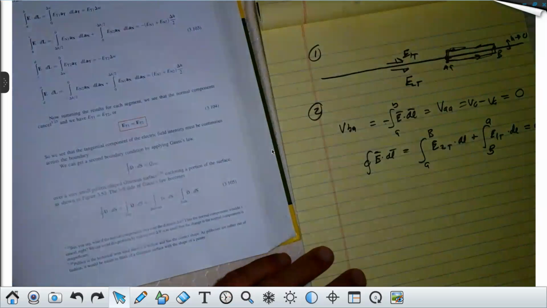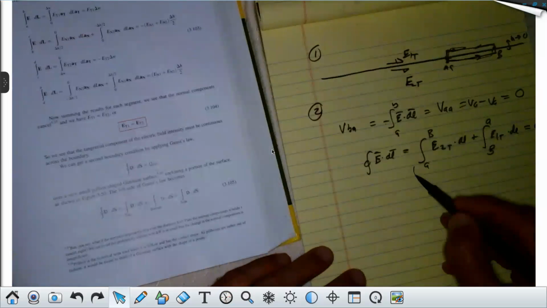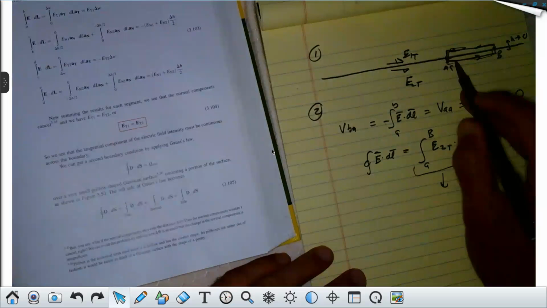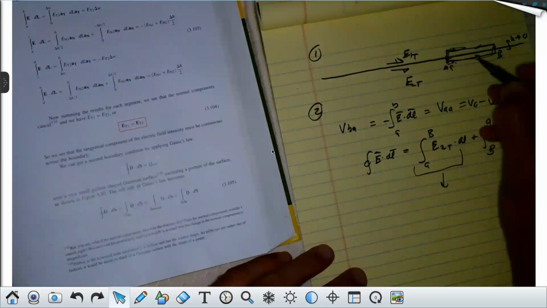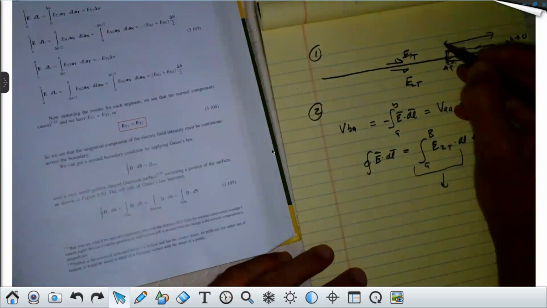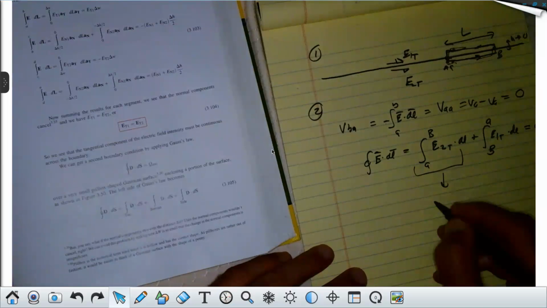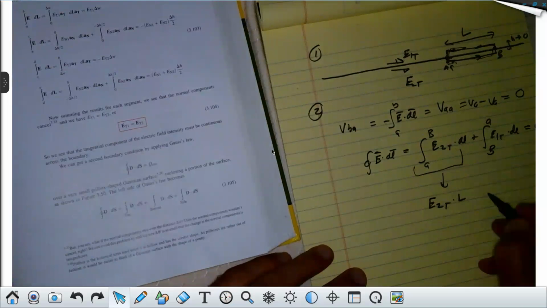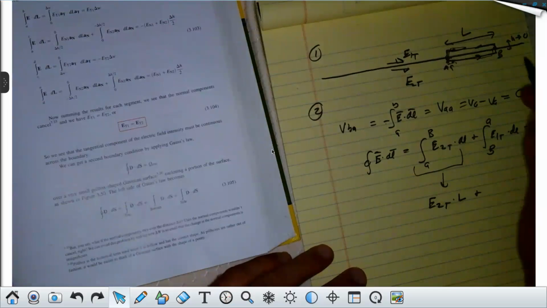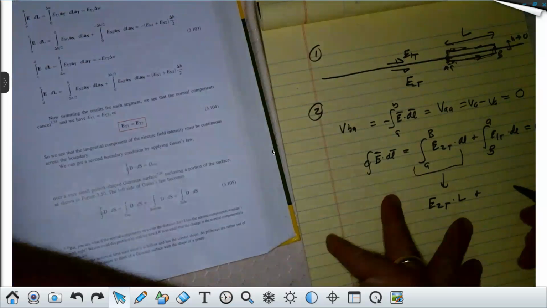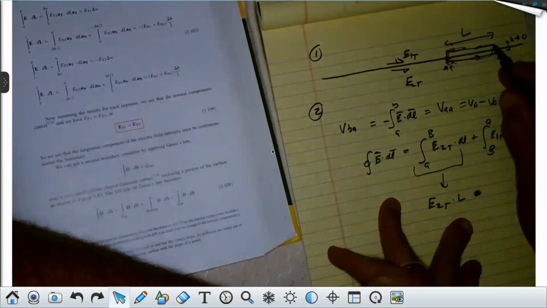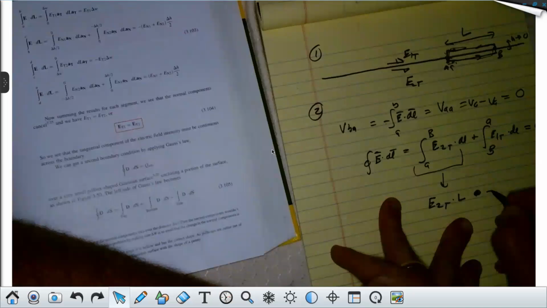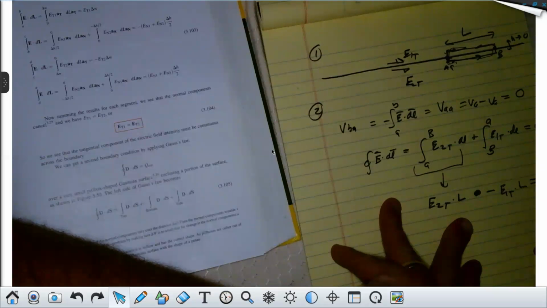And here's in a nutshell what it is. This integral right here, E dot dl from here to here, would just be this length. I can make it an arbitrary length L. It would simply be E2 tangent times L. And this integral right here, from here to here, actually it's minus, because it's going from a greater point to a lesser, would be minus E1 tangent times L. That equals 0.